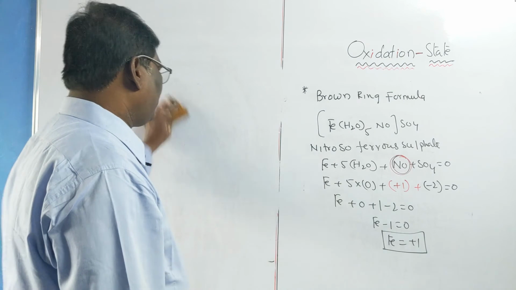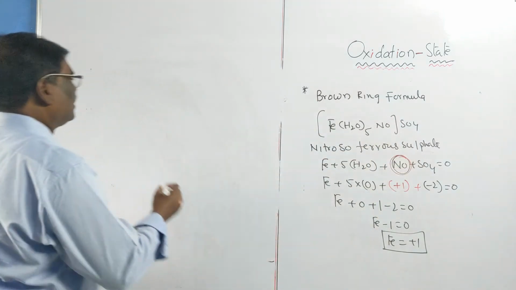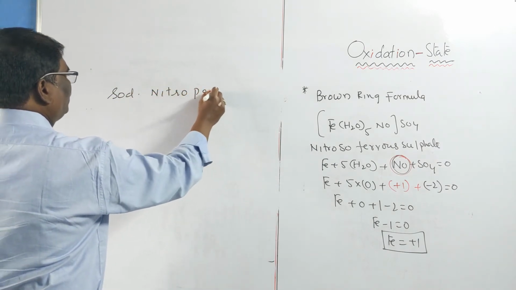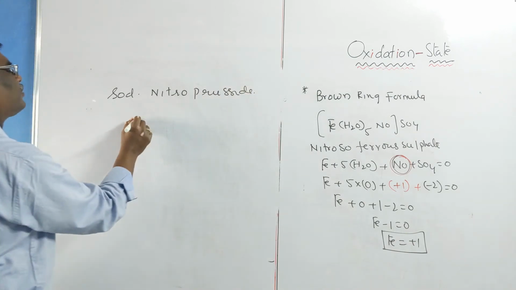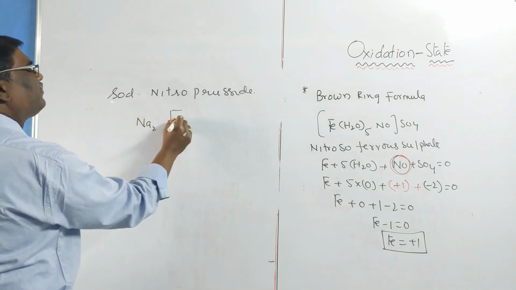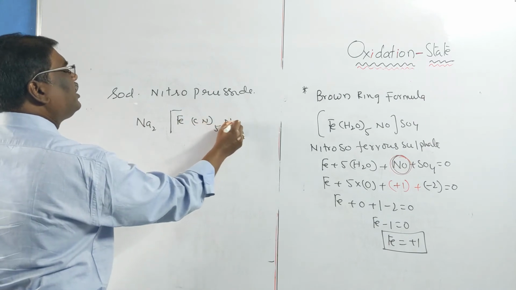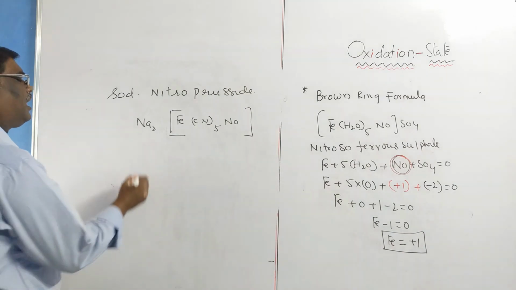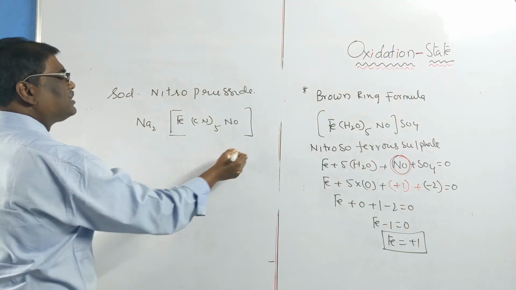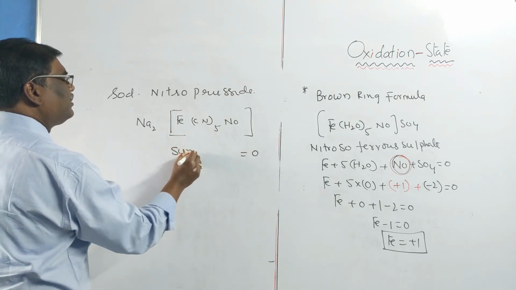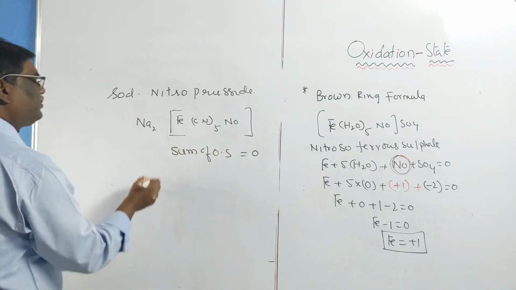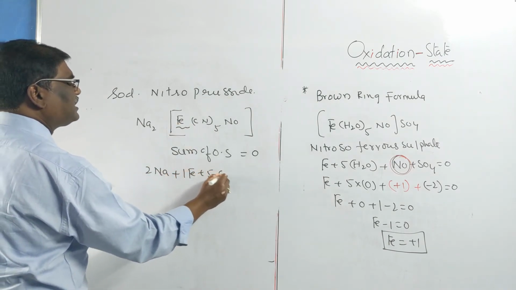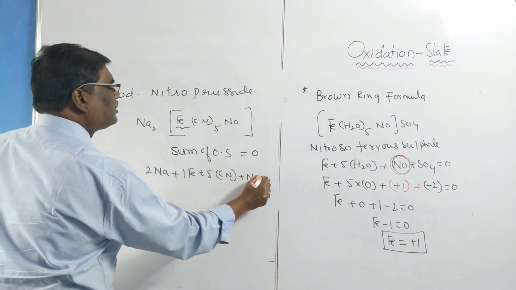Similarly, they are asking one more, that is nothing but sodium nitroprusside. Na2[Fe(CN)5NO]. Now, this is a neutral one. So, sum of oxidation states is equal to 0. 2 sodium, we have to find out iron. 1 iron plus 5 CN plus NO equal to 0.